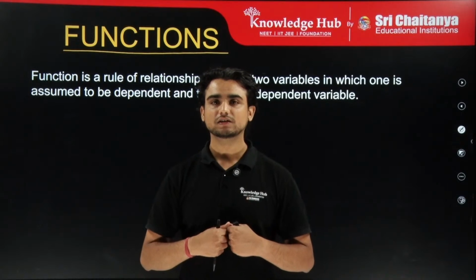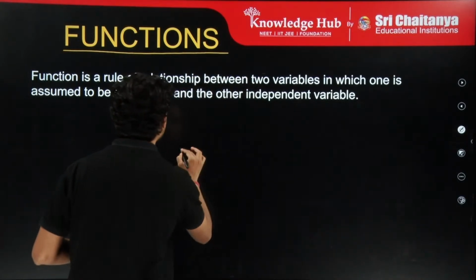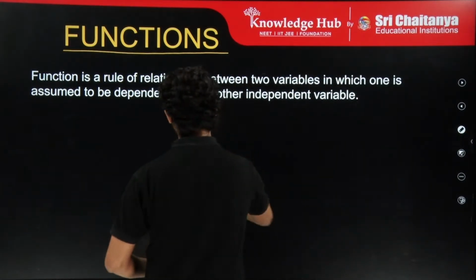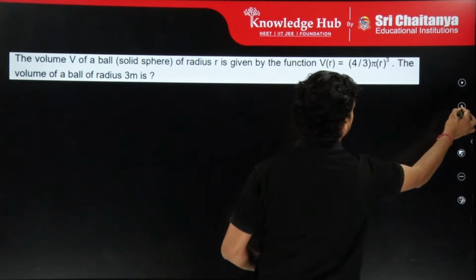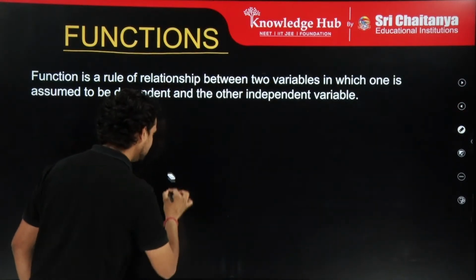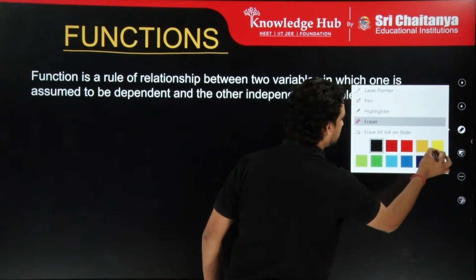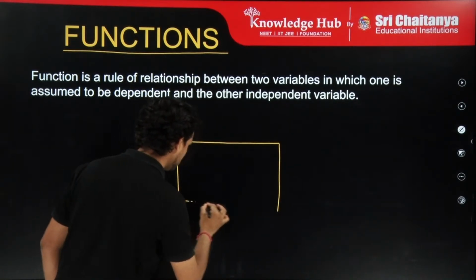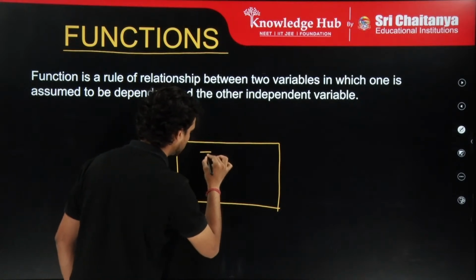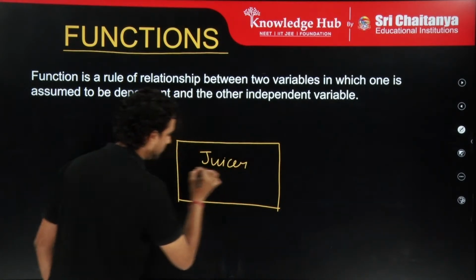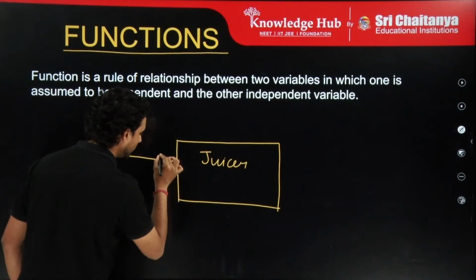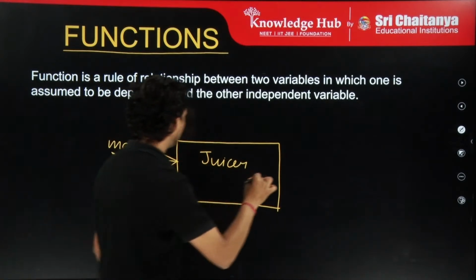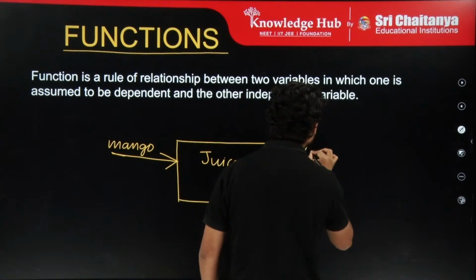Very simple. So similarly, let's make a diagram. Just 1 minute. Let's say I have a machine, a juicer machine. This is a juicer, and I want to drink mango juice. So I'll insert mango inside, and what I'll get as output is mango juice.